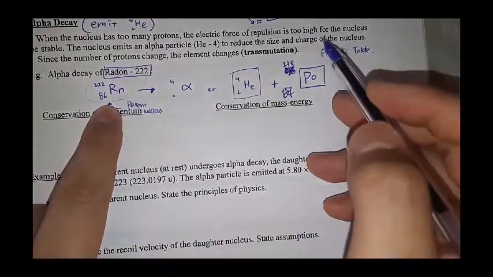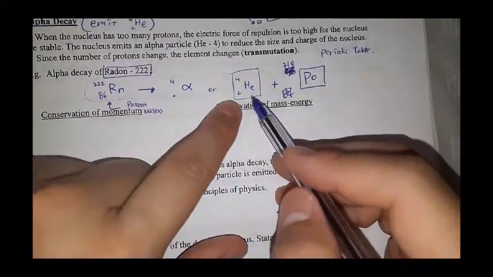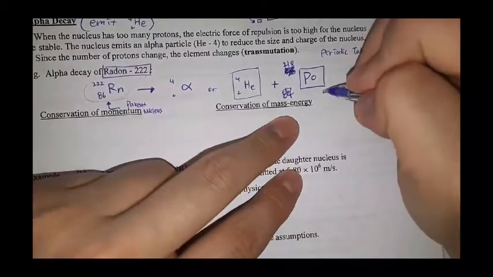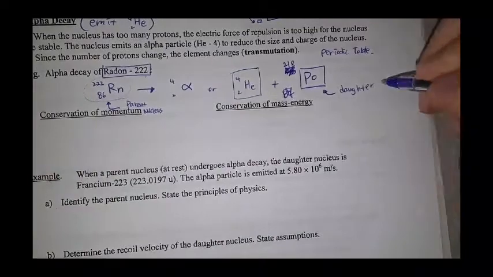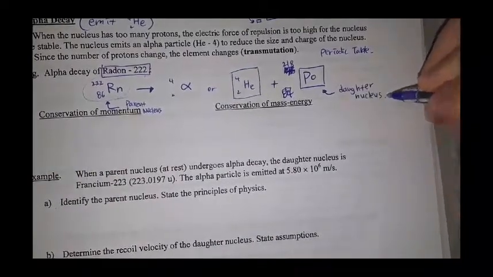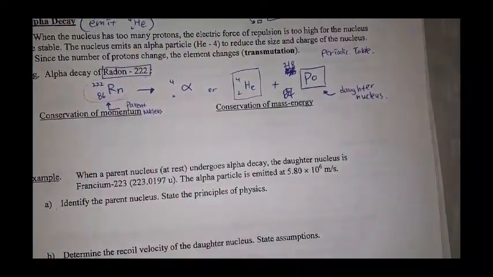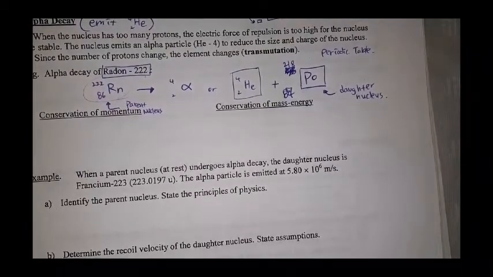And for the products, you have the alpha particle followed by this one, which is the daughter nucleus. So that's how we write down alpha decay.